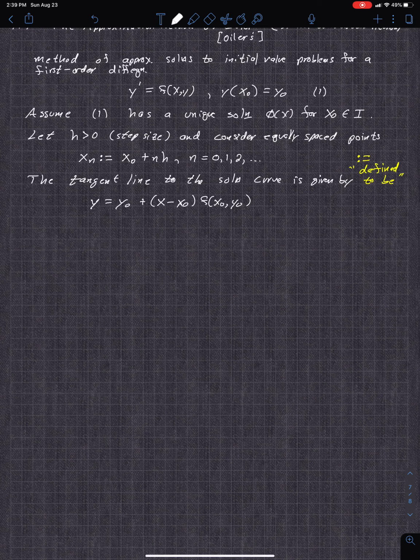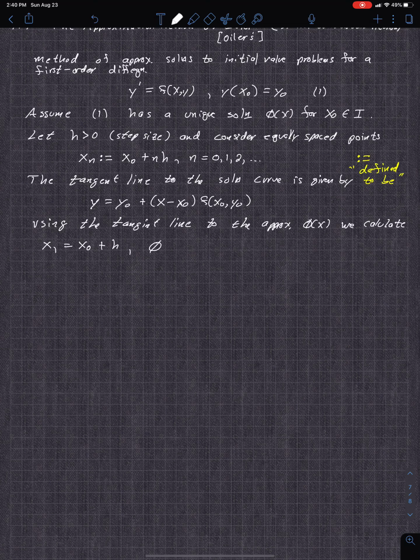So then, using the tangent line to the approximation of phi of x, we calculate the next iteration, which would be x1. So let's write that down. Using the tangent line to the approximation of phi of x, we calculate the next iteration: x1 is x naught plus h.